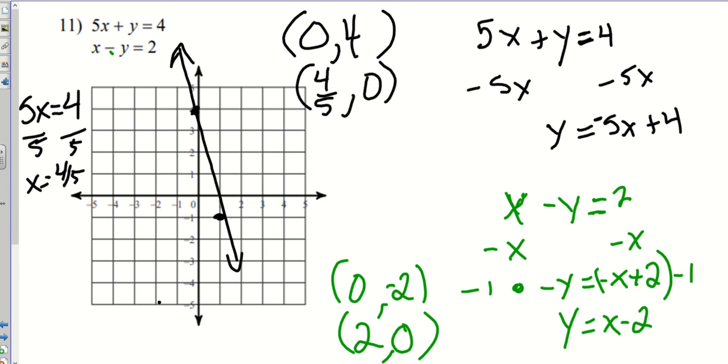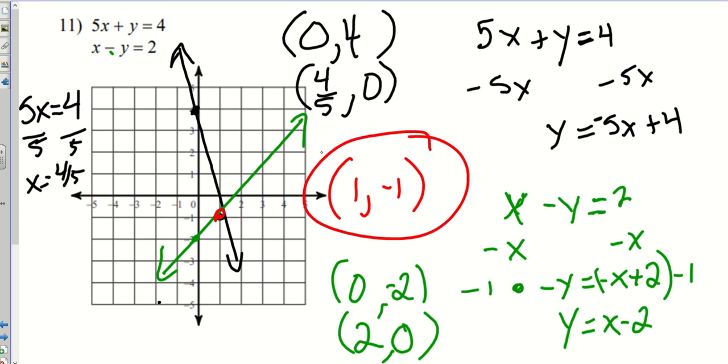So my first equation and my second equation. And I see they intersect right here at the point 1 comma negative 1. That is the solution to the system of equations.